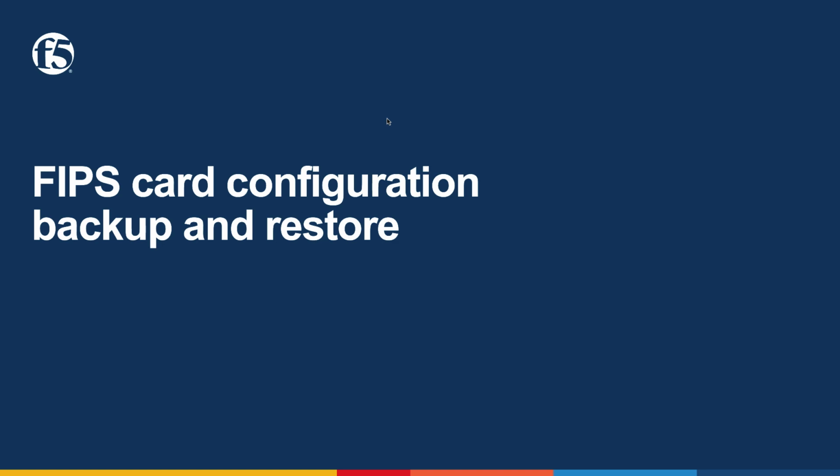In order to do the FIPS card configuration backup and restore, you'll need to issue a series of commands, beginning with doing a FIPS card configuration backup on the iSeries BIG-IP, followed by a series of commands on the rSeries host and tenant. So let's jump right in.